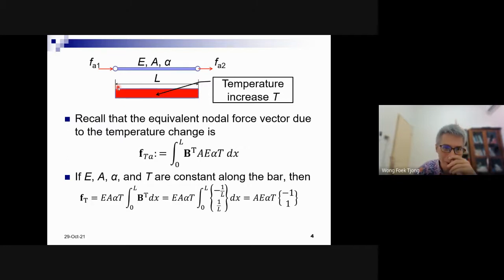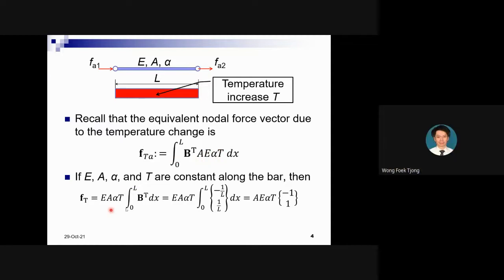I mean, here maybe 5 degrees, but here maybe 10 degrees, and then linear like that, and so on, okay? But here we first assume constant. So use this formula, and then calculate which are constants. Okay, this is prismatic, so A is constant. Homogeneous, it means E and alpha are constant. T is also constant. So we can take these outside of the integral, all of them, because they are not functions of x.